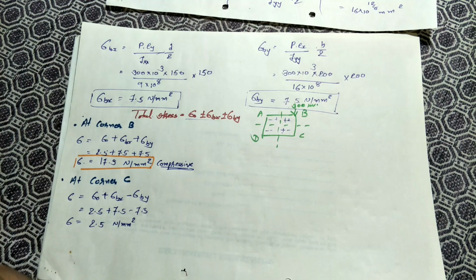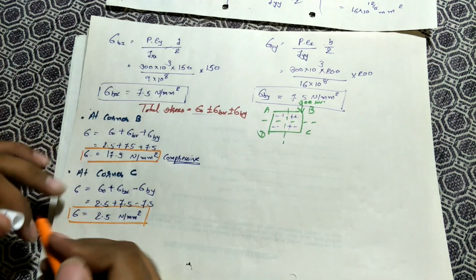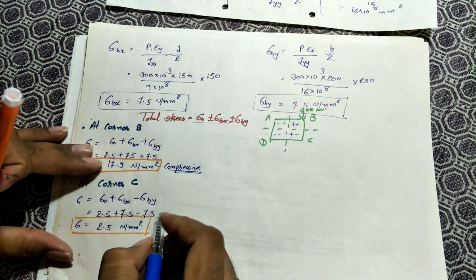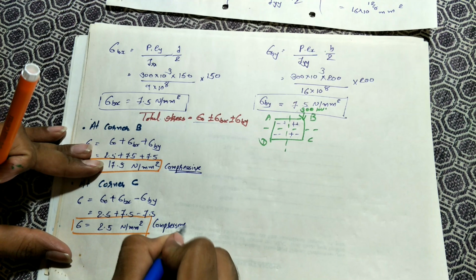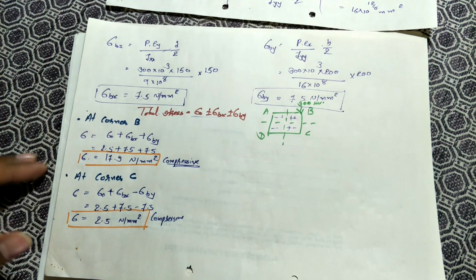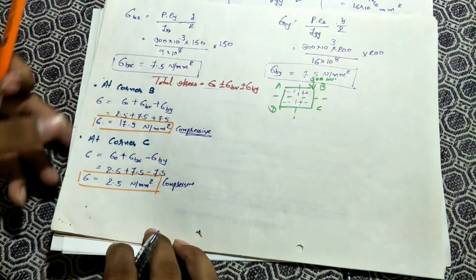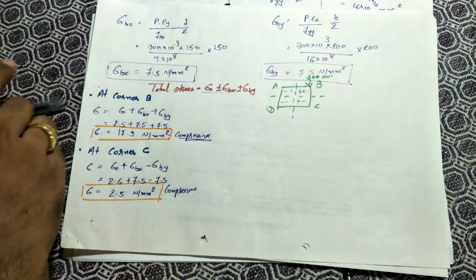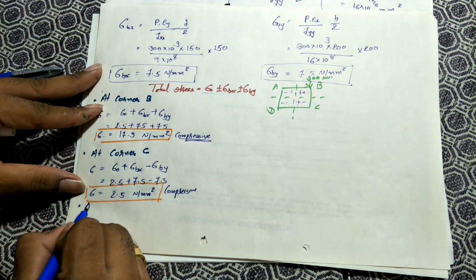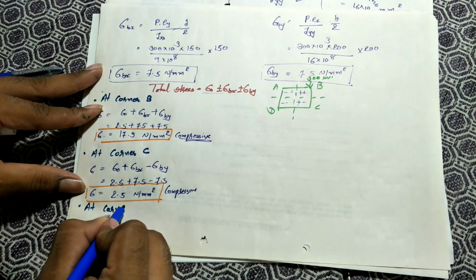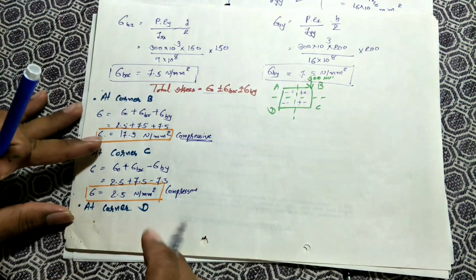Okay, this is again a compressive value. Okay, so if we try to calculate for corner D, at corner D, minus value.